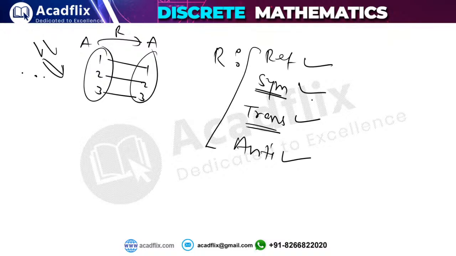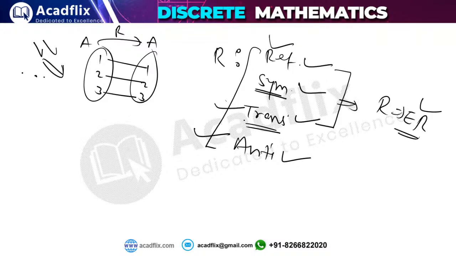Because of these three properties, reflexive, symmetric, transitive, we can say that R is an equivalence relation. And because of these three properties, reflexive, transitive, anti-symmetric, we can say that this is a partial order relation also.